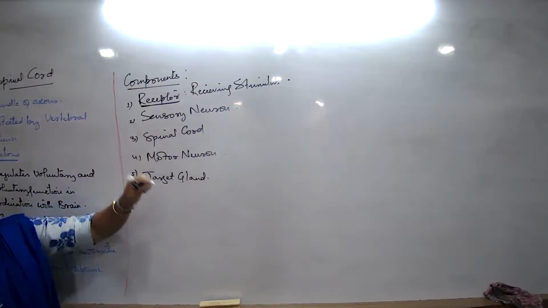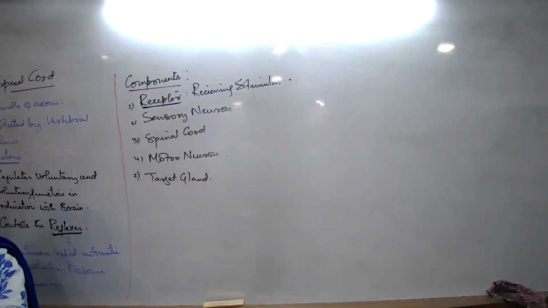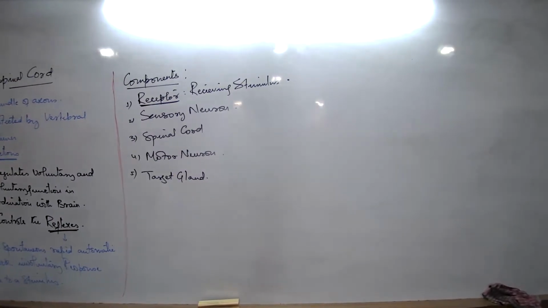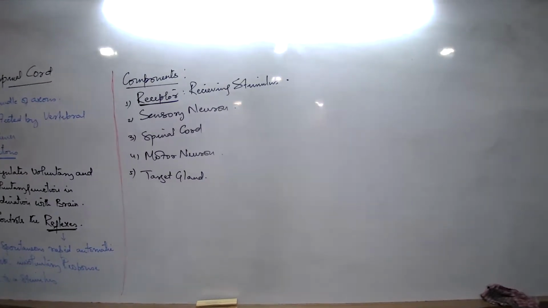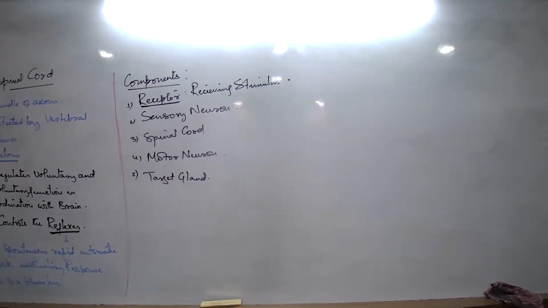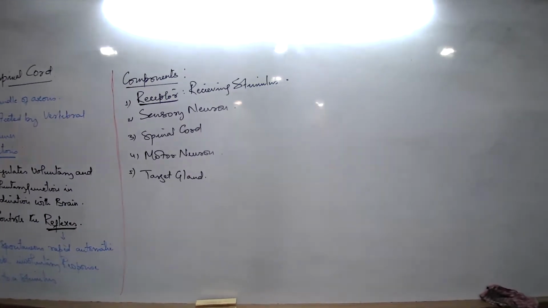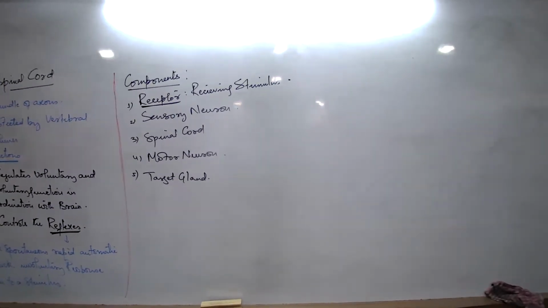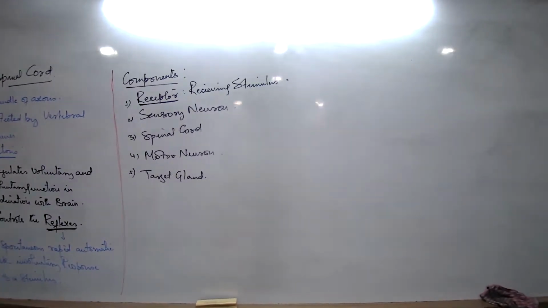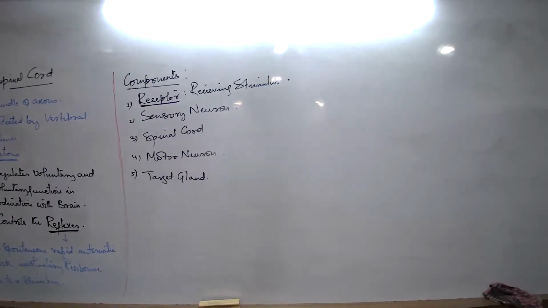Now what is the job of the sensory neuron? This is what you're always asked. You listen first and then you will ask. When we are talking about the job, look into the particular diagram. All of you will have the diagram in the book, or in the volume also the same diagram is there. Take out that diagram and refer to it to understand what I'm speaking. Are you able to see the sensory neuron in the diagram?